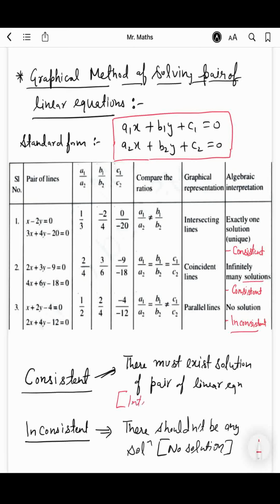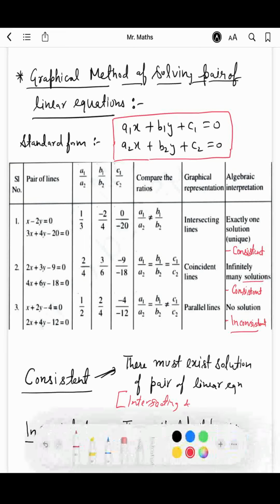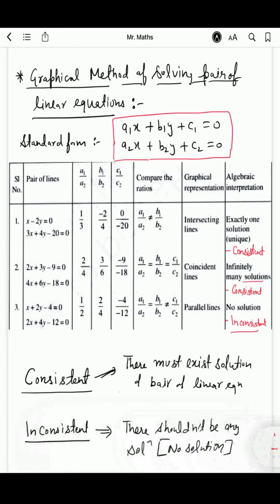So for consistent, the two conditions are intersecting and coincident. But on the other hand, for the case of inconsistent, they should be parallel.